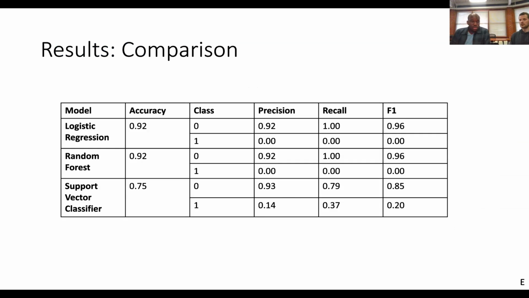So we did a comparison of all our results for the logistic regression, random forest, and then SVC. We chose SVC to be the best result because it was able to predict when the book was purchased, though the accuracy and precision were low, it seemed more like a realistic prediction.